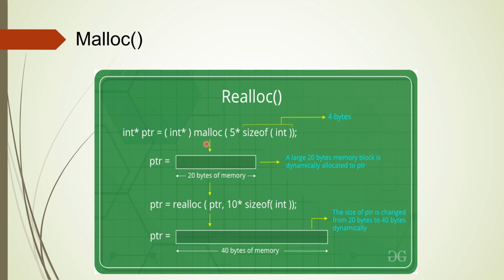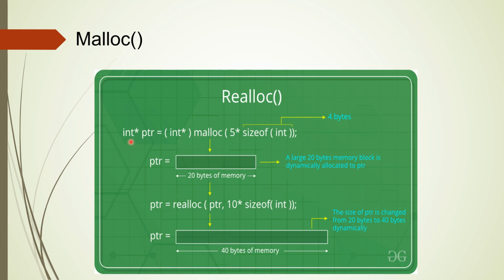Since I am storing an address of unknown type into a ptr of type integer, it should be explicitly converted to an int star. This statement will convert the value written by the malloc function from unknown type to int star.